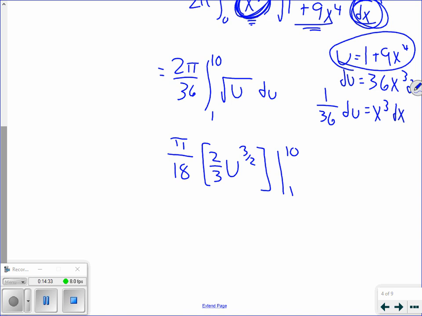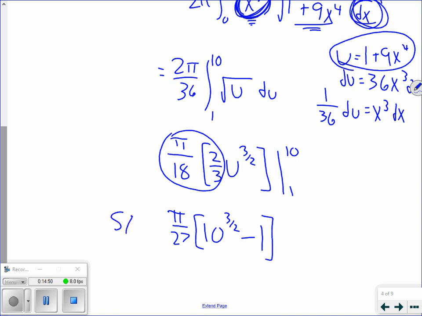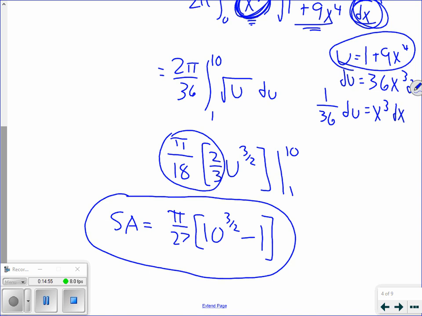So you just plug 10 in, plug 1 in. I might combine these together. I believe that combines together as pi over 27. And then you have 10 to the 3/2 minus 1 to the 3/2, which is just 1. So my surface area is equal to that. That's units squared, I guess, because it is a two-dimensional area.